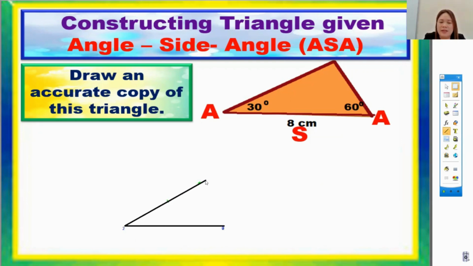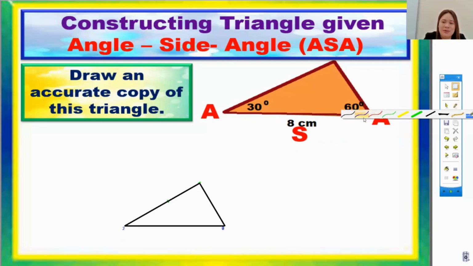I can see my mark here, so you can see the mark when you are connecting the endpoints of your angle, so you will be able to have this triangle. It's very easy to draw a triangle given two angles and one side. The steps are also shorter, and I'm sure you can follow the steps easily.